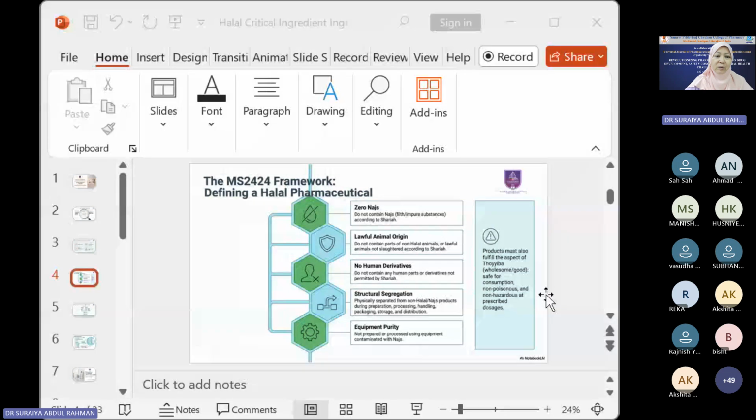They also do not contain any unlawful animals or human derivatives, and their processing, production, storage, and so on are segregated between non-halal and halal products, and the equipment used to prepare the products is not contaminated with najis.